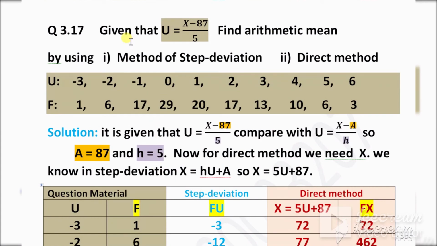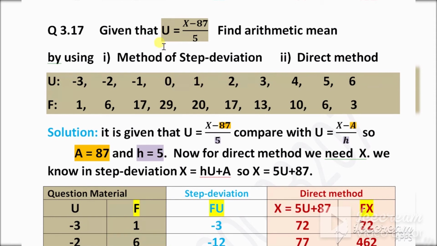The next question is: given that u is equal to x minus 87 divided by 5, find the arithmetic mean by using the method of step deviation and the direct method. So this is also a different type of question.